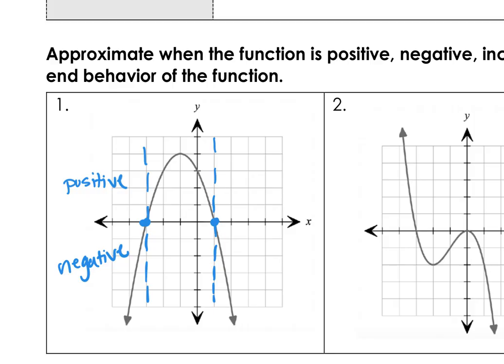So this graph is negative here and here. It's negative in two different places. It's above the x-axis. It's positive in between these two places.